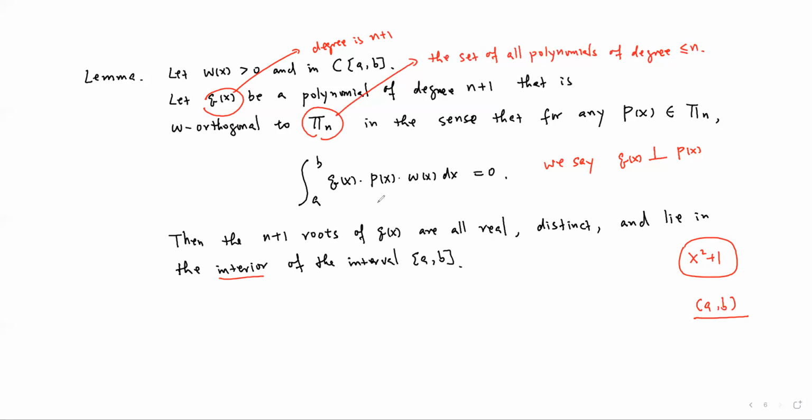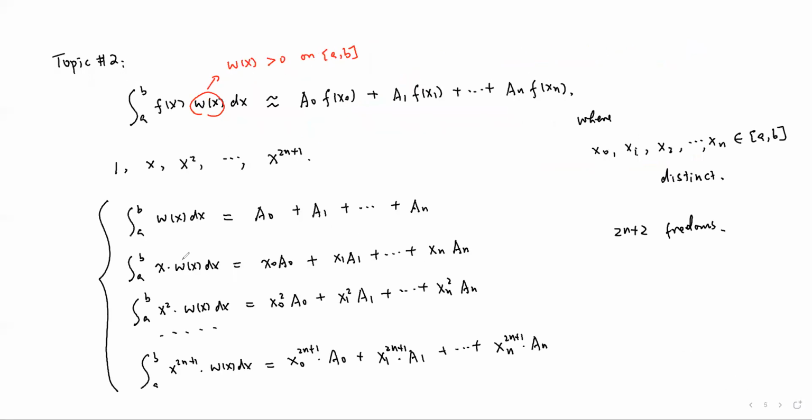This lemma, I don't present the proof. If you are interested, take a look at the book. Now, in Gaussian quadrature, the nodes actually are the n plus 1 roots of this polynomial. So you don't need to solve this system.